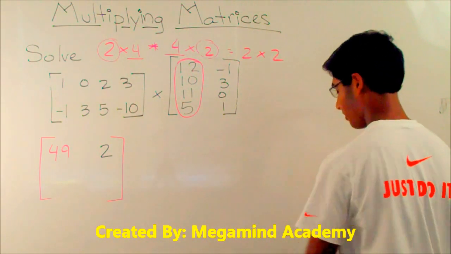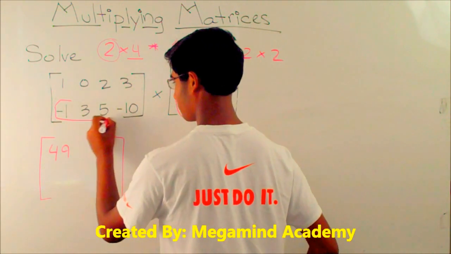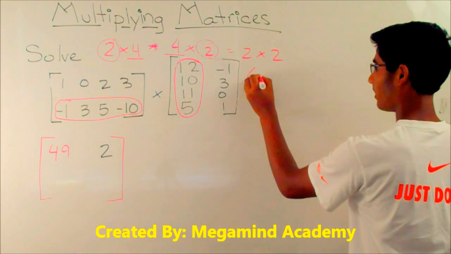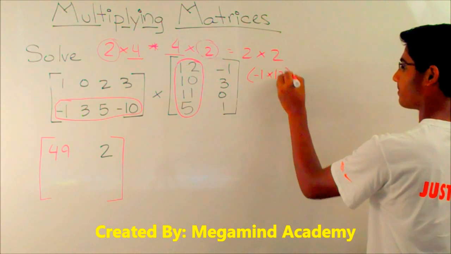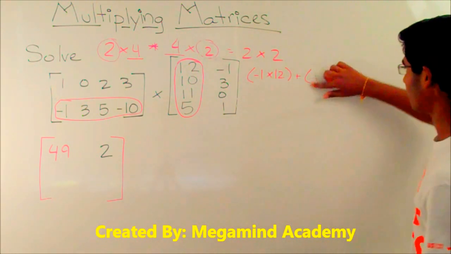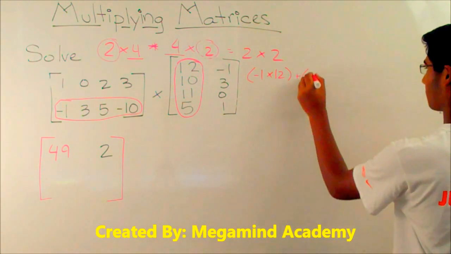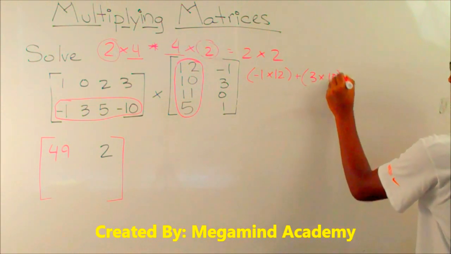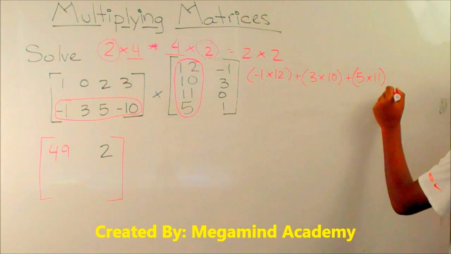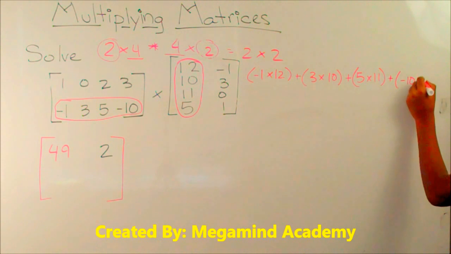In the second row, we first multiply the second row with the first column. So we get negative 1 times 12, plus 3 times 10, plus 5 times 11, plus negative 10 times 5.